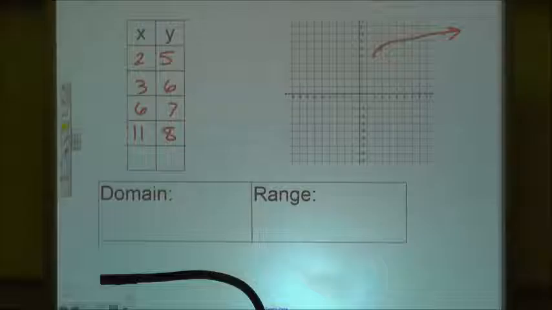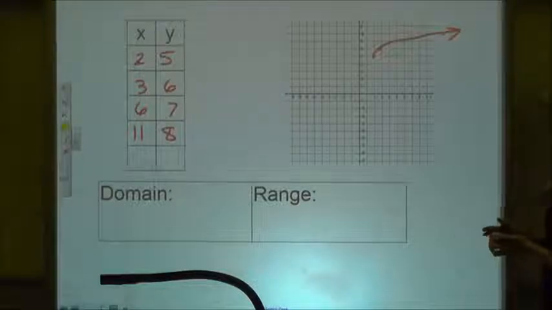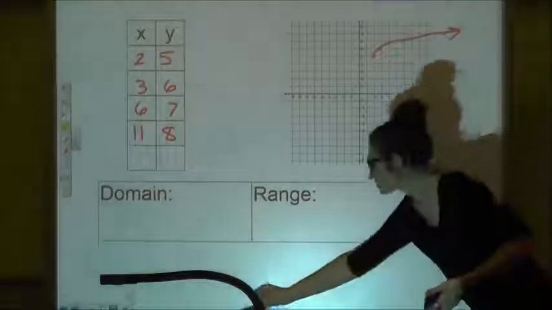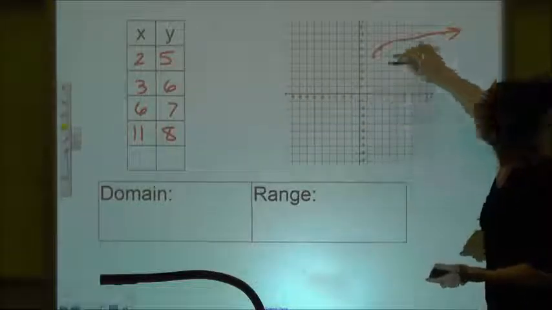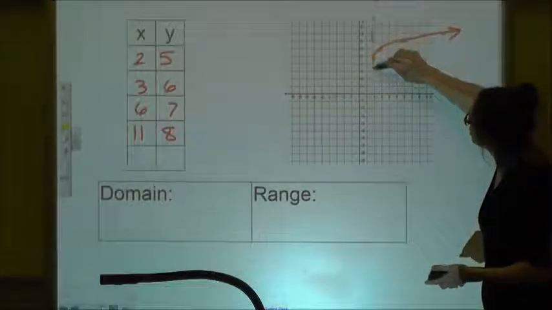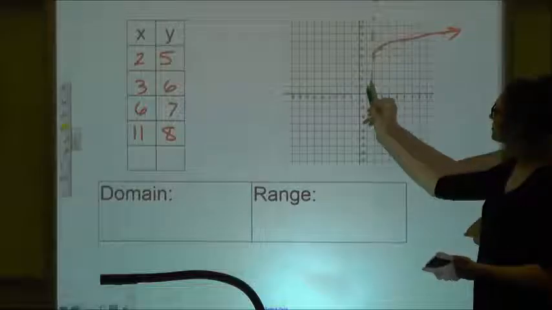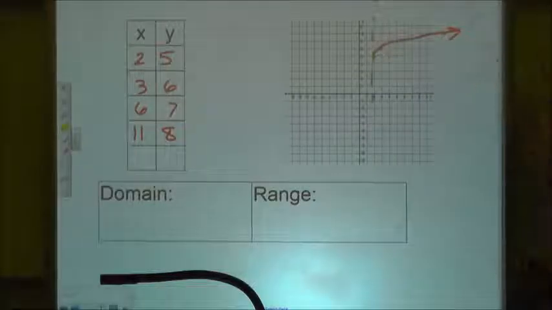You can look at your graph also and tell what your domain and your range are. Domain refers to your x values, so look at your x-axis. All of your x values have to be greater than or equal to 2.